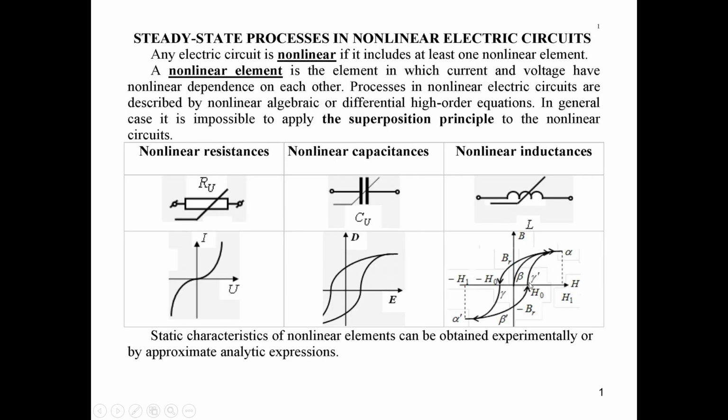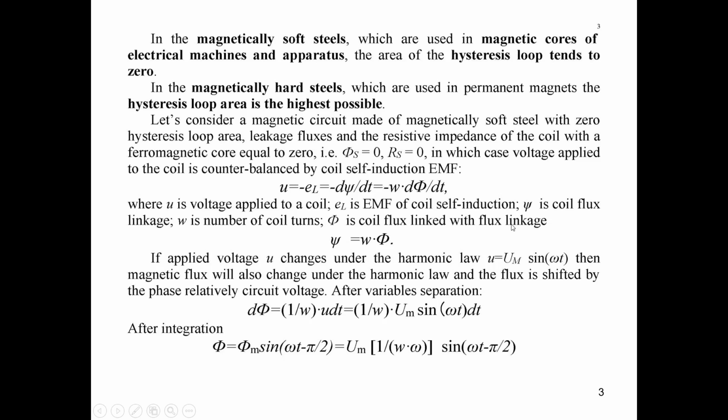For instance, permanent magnets have a rather wide hysteresis loop, and it cannot be considered as just a dependence like this without hysteresis losses. So at first we will consider the so-called magnetically soft steels, in which hysteresis losses may be neglected.